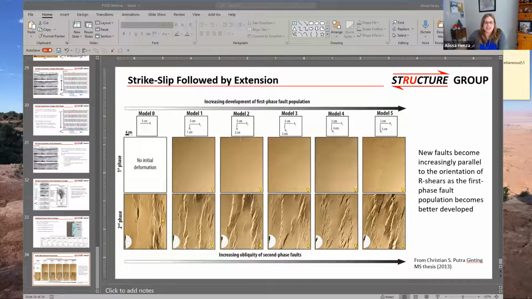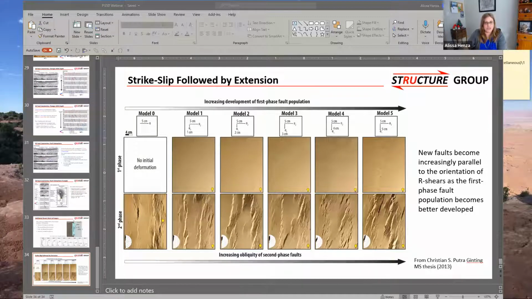So I guess it depends on which series of models. In series 2, where I varied the initial fabric, I did some work quantifying the different properties of the fault populations. So the orientation of fault segments that were there, the lengths, and I don't remember if I did density or not, but I was trying to really quantify what I thought the fault populations present were.